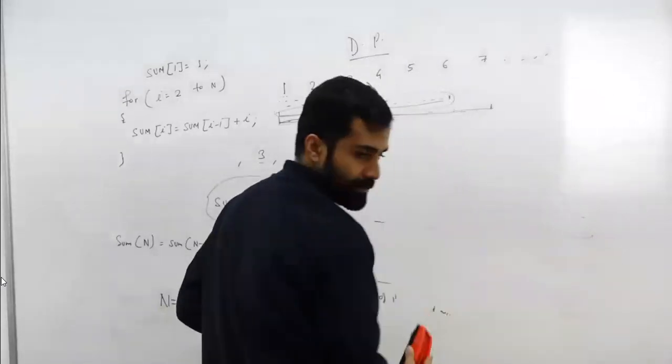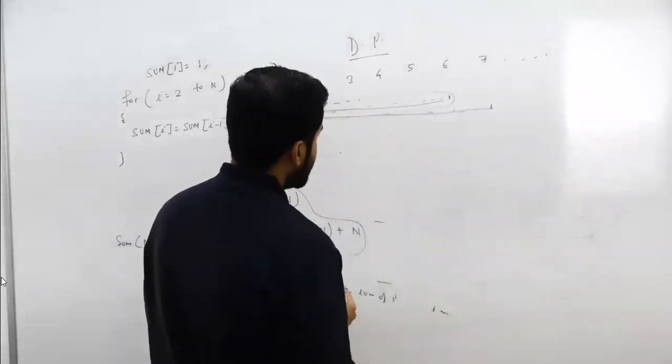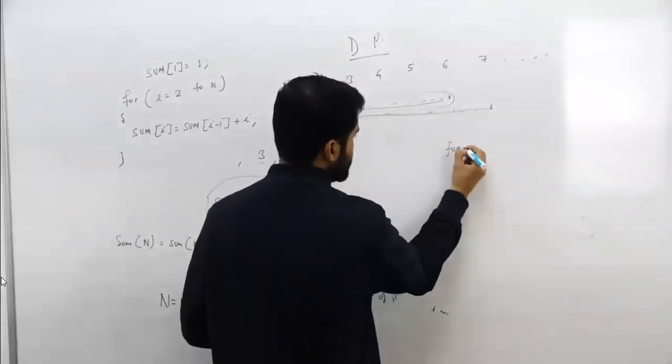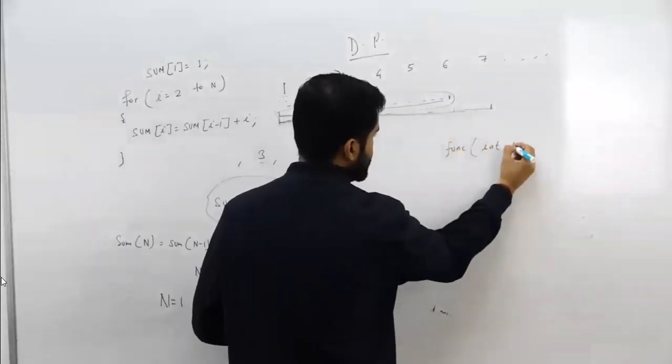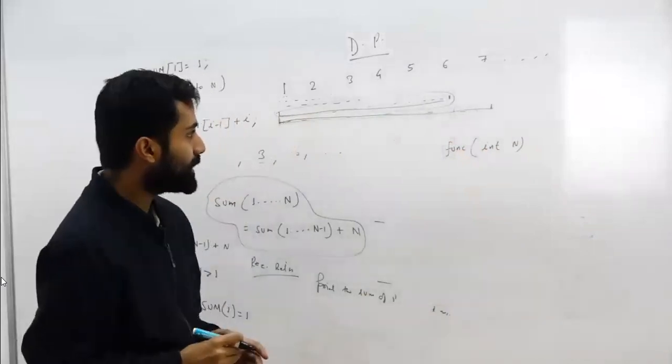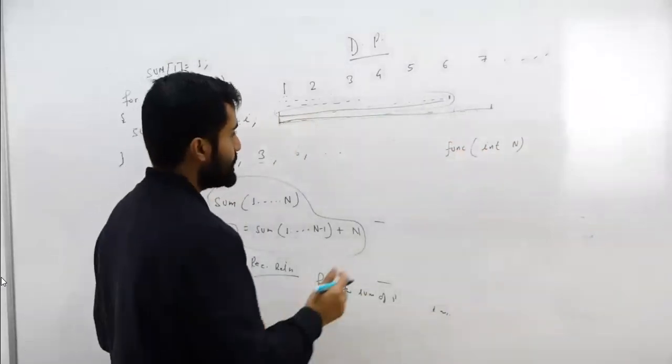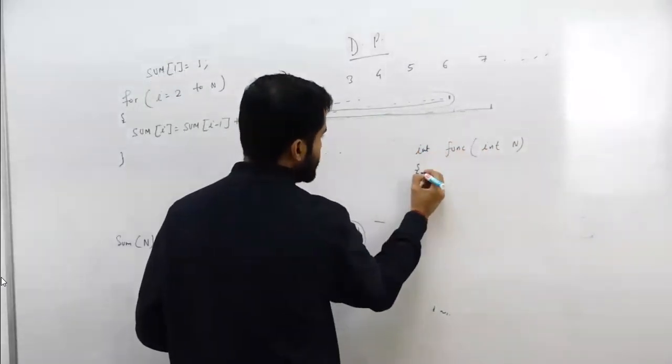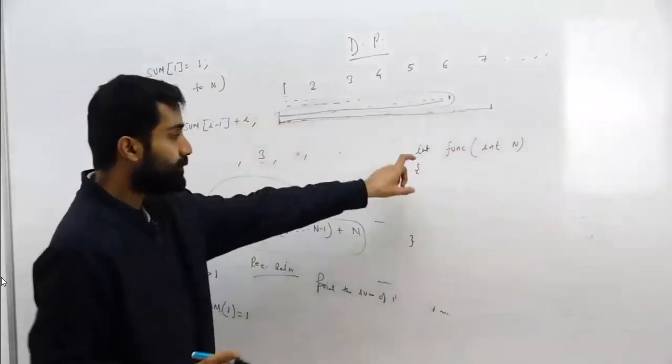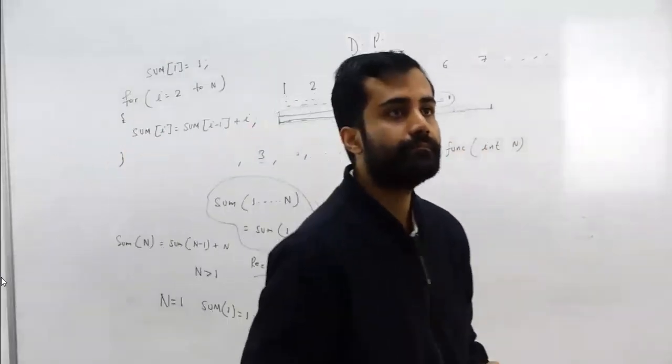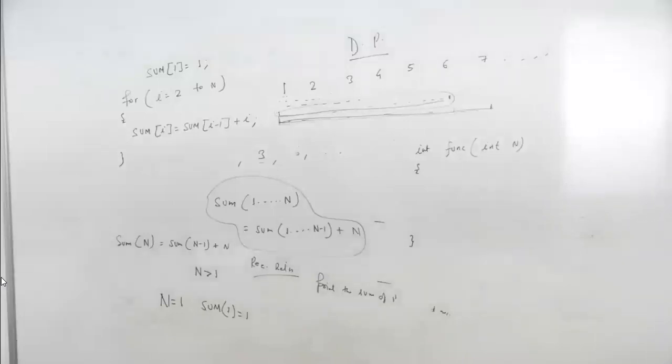So, I can have a function func. This function takes an integer n, and its responsibility is to give me the sum of first n natural numbers. So it will return an integer. Now, what is the first line in your recursive program? Base case. And what is your base case?